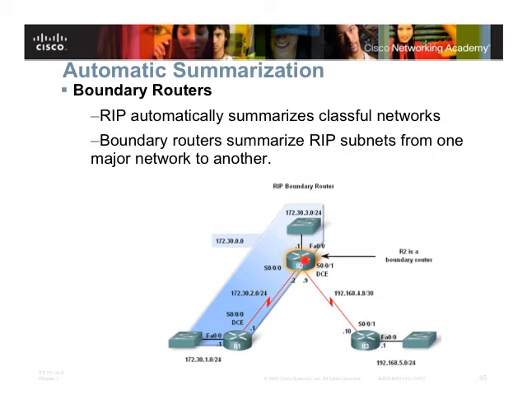So we call this a boundary router. Why? Because what will happen is that inside these subnets, the route updates will have to be detailed. Which means that we have to have 172.30.1.0 or 2.0 or 3.0.